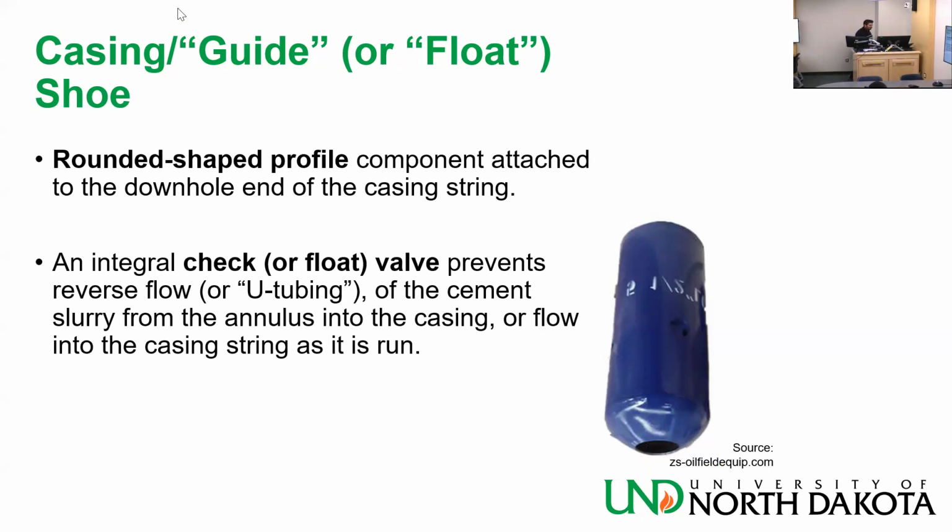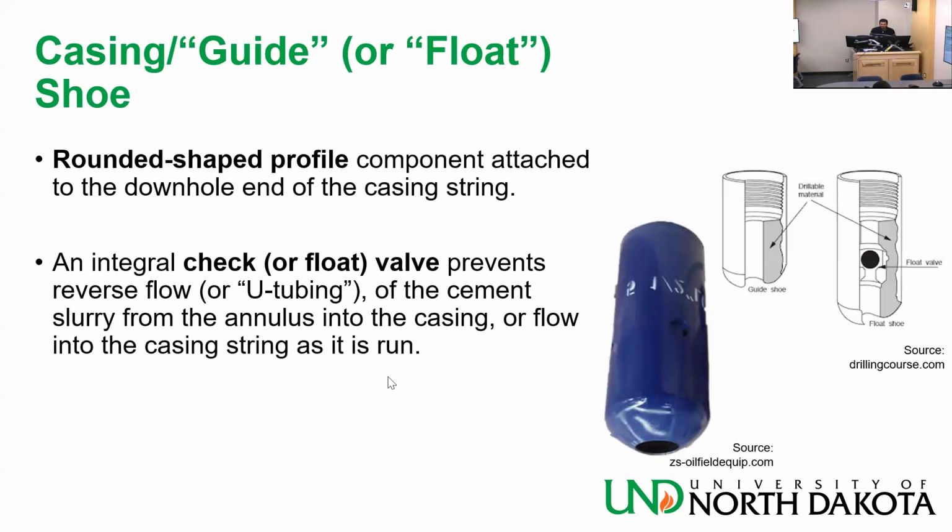Everything is designed such that they do not allow flow the other way. Here you have this little black ball, which basically, if you apply pressure from one direction, it allows flow, but from another direction, it does not.